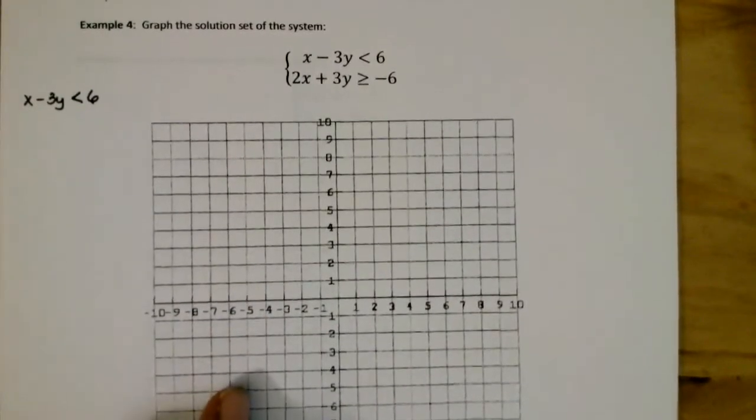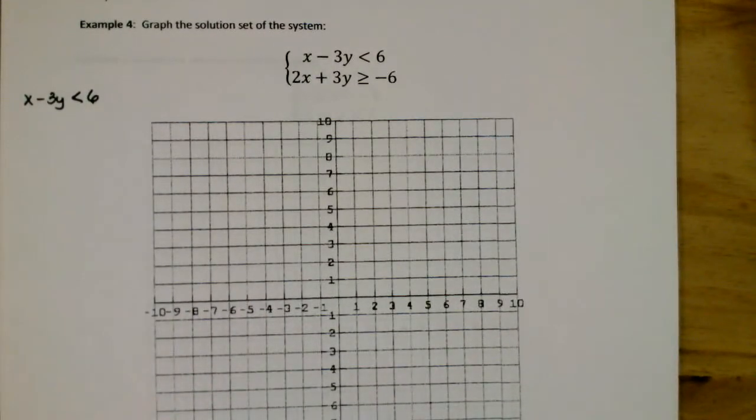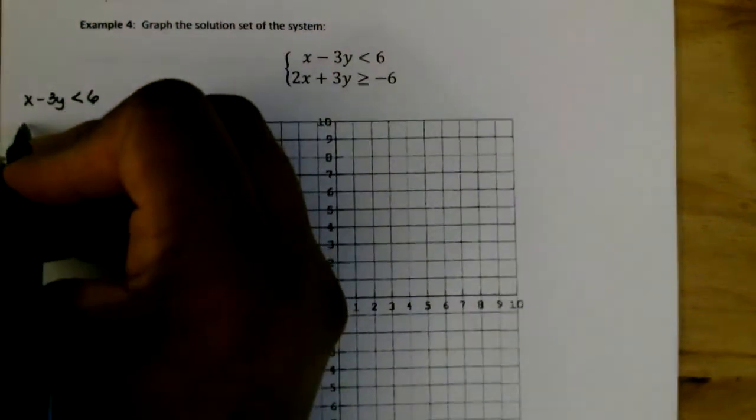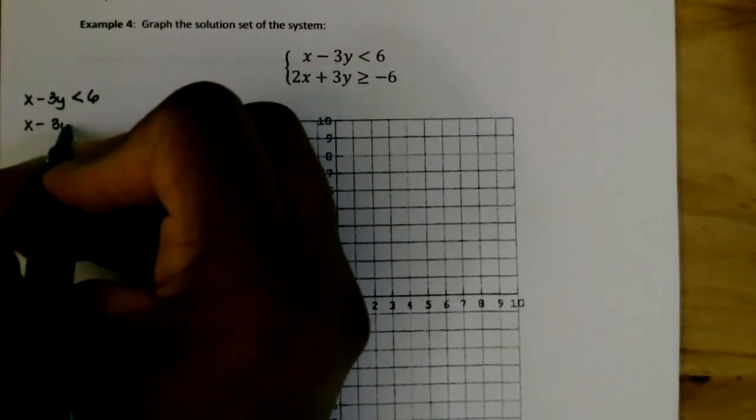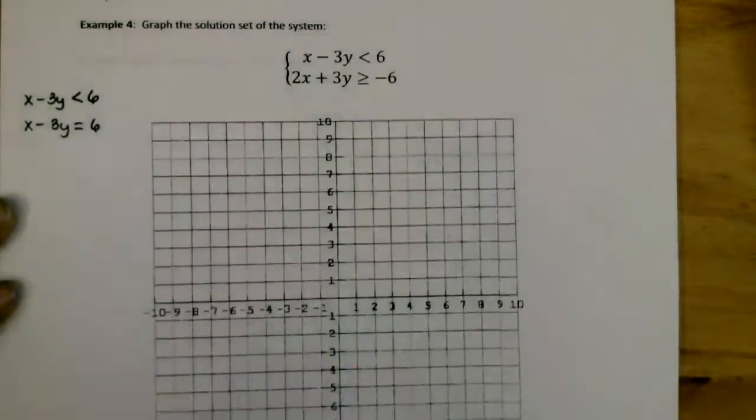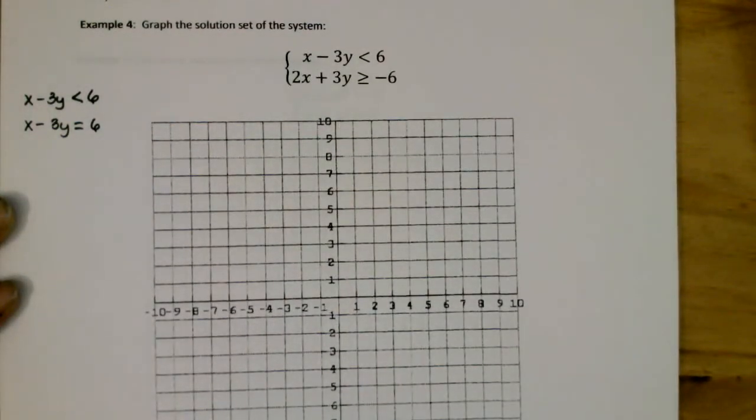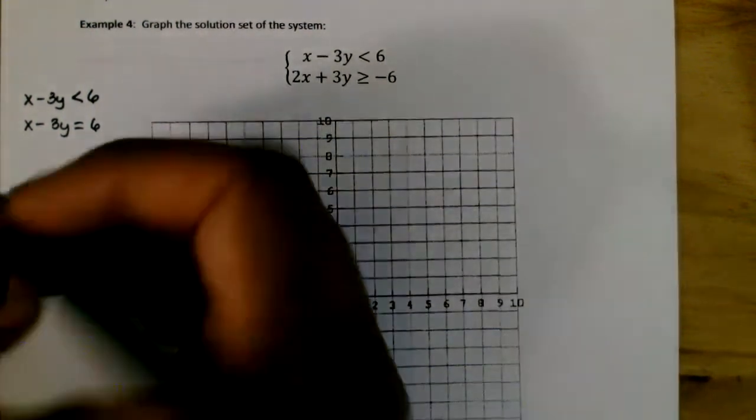I'm going to treat this as x minus 3y equals 6 and graph this on the coordinate plane. Since the x and the y are on one side and the numerical term is on the other side, let's use x and y intercepts.